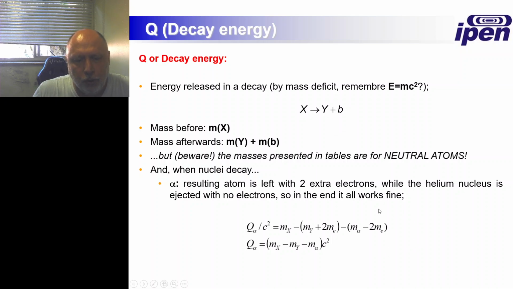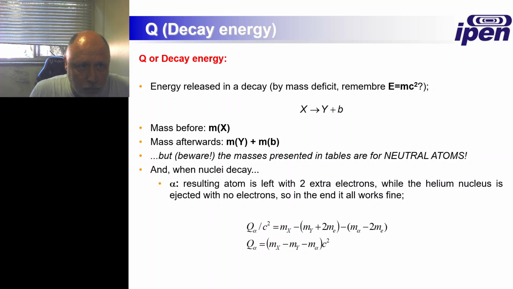So if we do the calculation, right here we should have the mass of the neutral helium less 2 electrons. And here is the mass of the neutral atom plus 2 electrons. Well, this cancels out, and you have the mass of this minus the sum of these 2 masses, right? This is the energy released on the decay, on alpha decay.